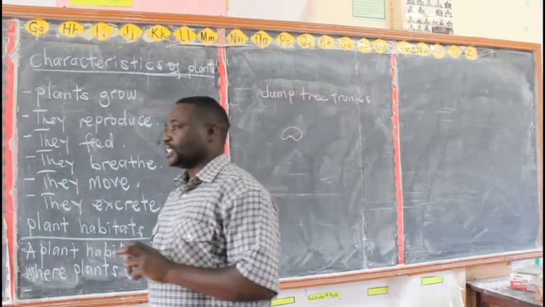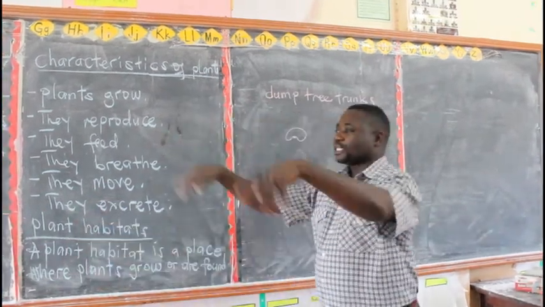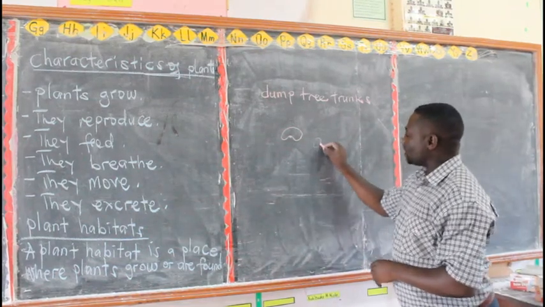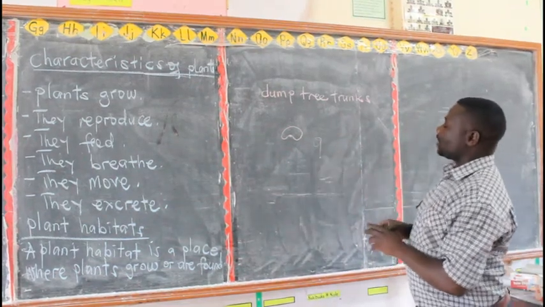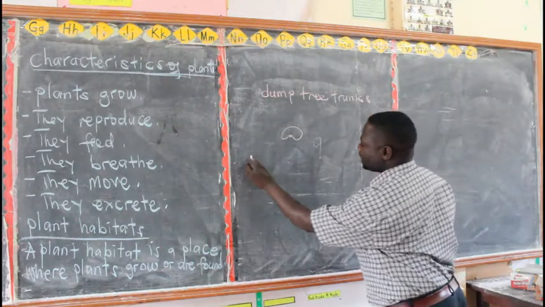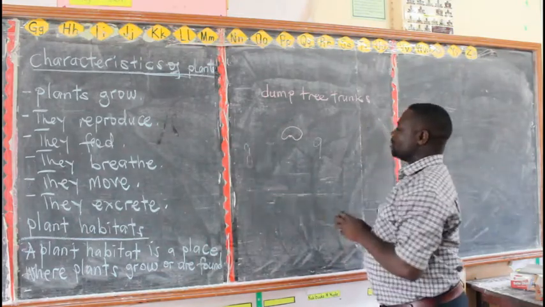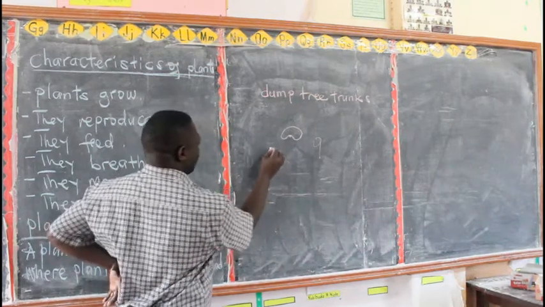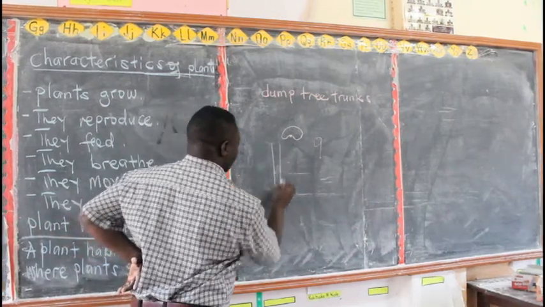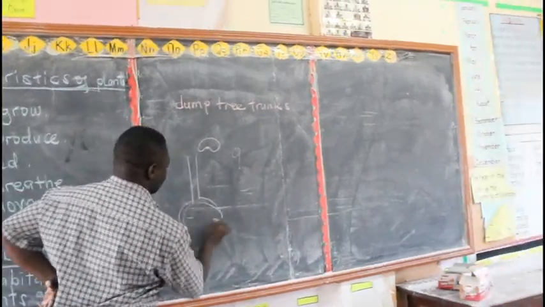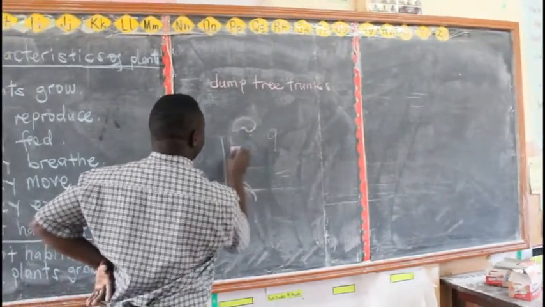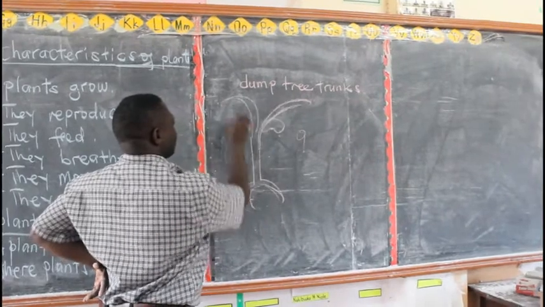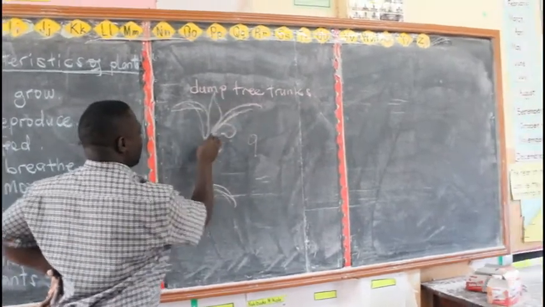Two, plants reproduce. Plants reproduce because they keep on multiplying in number. You find a guava plant here. Tomorrow you are going to get another one again somewhere there. An example, maybe I can give you an example of a banana plantation. For example, we have a banana plantation around here. It's just a sketch of our banana plantation due to time.